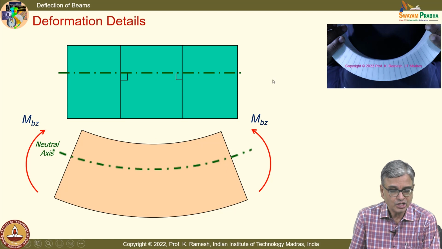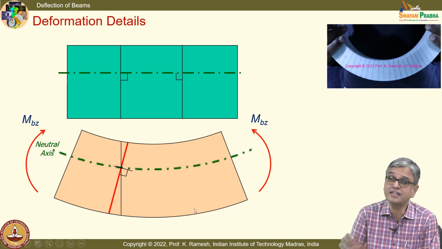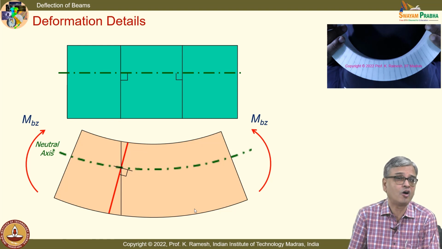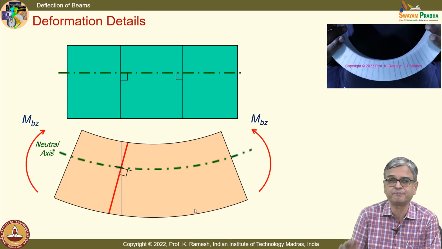So when the beam is subjected to constant bending moment, the lines get rotated, and if I draw the tangent and find out this angle, it still remains 90 degrees. That is how we developed the Euler-Bernoulli hypothesis, and the beam that obeys the Euler-Bernoulli hypothesis is called a Bernoulli beam.